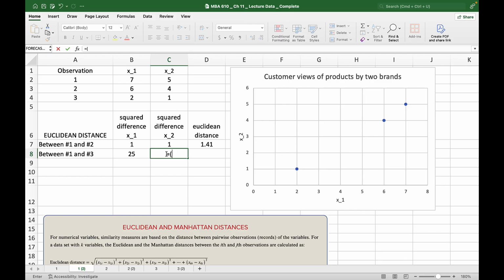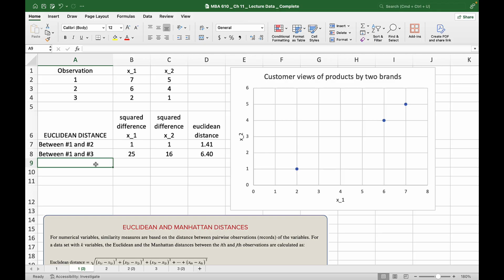For variable 2, or brand 2, which would be North Face, person 1 looked at 5, person 3 looked at 1, so that squared difference is going to be 16. So if we take the square root of the sum of those two things, the Euclidean distance between point 1 and point 3 is 6.4. That's the distance traveled between these 2 points.